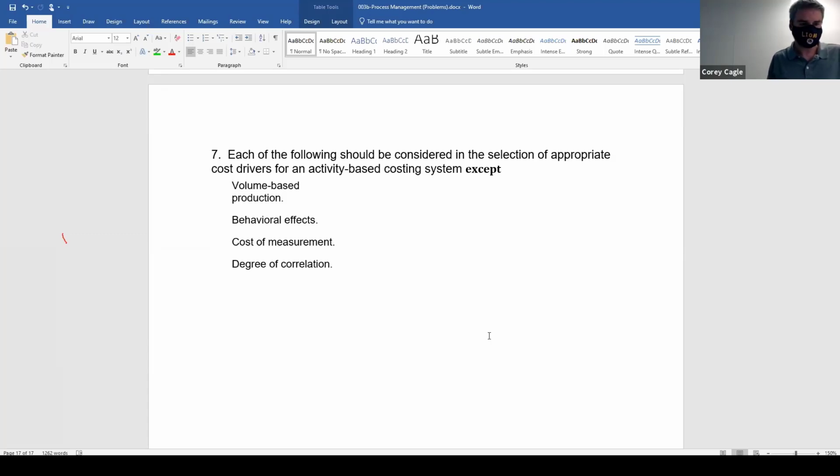Cost of measurement, we definitely want to consider the cost of measuring something. We always want to apply that cost-benefit analysis to anything we do. And then D says degree of correlation, which is kind of a fancier way of saying we have a driver where there's a cause and effect. That's what correlation is, right? So I'm not real sure what they mean by A, but I know that's the answer.